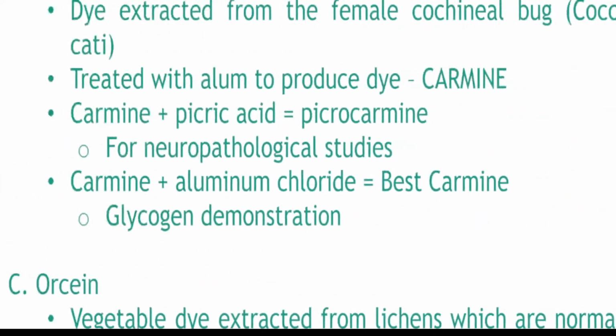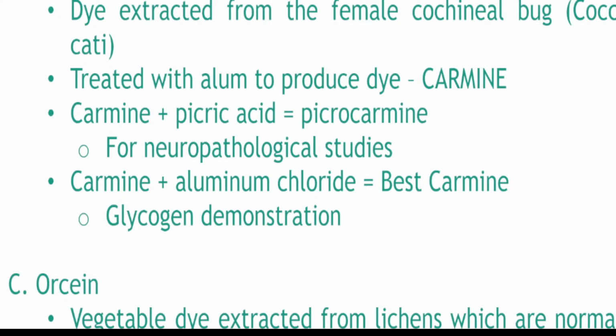Okay, now, we have also the cochineal dye, which comes from a bug, Coccus cacti, a female cochineal bug, and it's treated with alum to produce the carmine dye. Now, carmine can be reacted with picric acid to form picrocarmine, which is used for neuropathological studies.